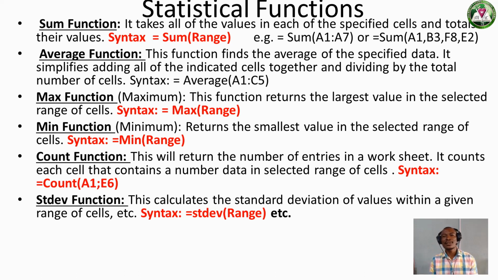That means the entries we are trying to add up are spread across A1, A2, A3, A4, A5, A6, and A7. You close the bracket and press enter. Then the total of all the scores will be displayed.